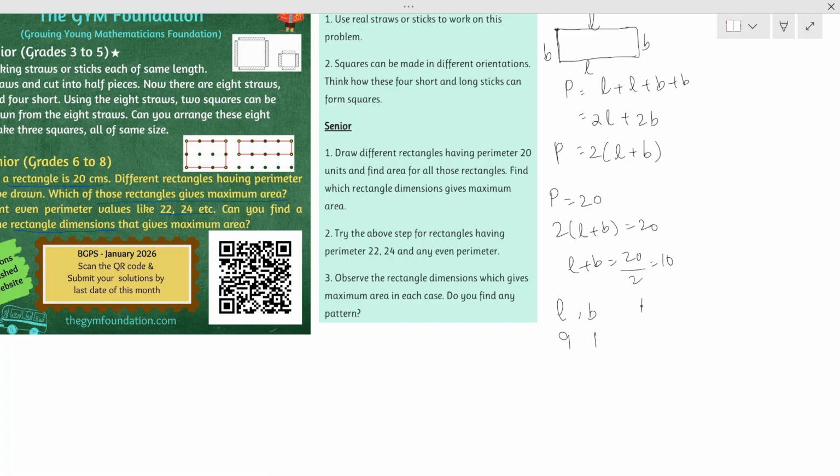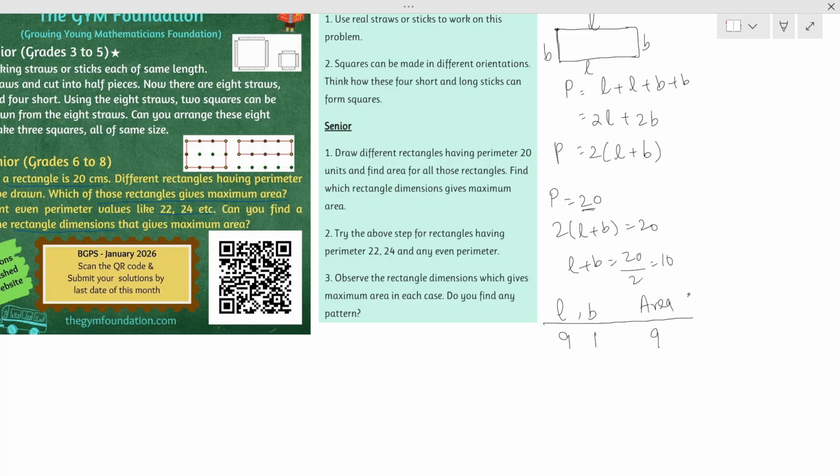And you can find the area for this value. Whenever you work on a problem, mathematical recording is very important, how you record your observations and the way you work. In this case, the first one, if L and B are 9 and 1, you get a perimeter of 20. And what is the area?